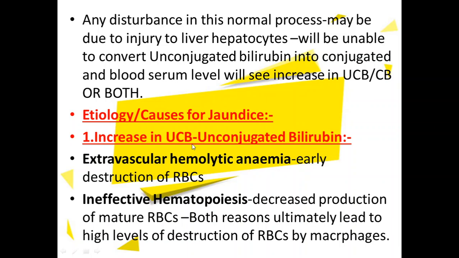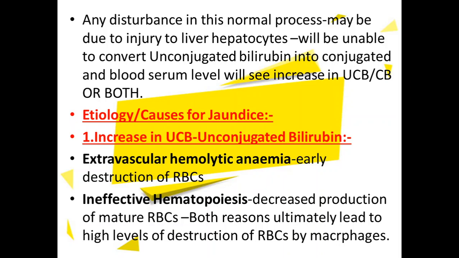So the first reason is extravascular hemolytic anemia. What does that mean? It means RBCs, before completing their age of 120 days, get destroyed. At that early age they are macrophaged. Similarly, if in that particular person there is ineffective hematopoiesis, what does that mean?